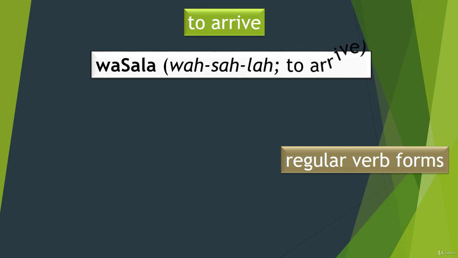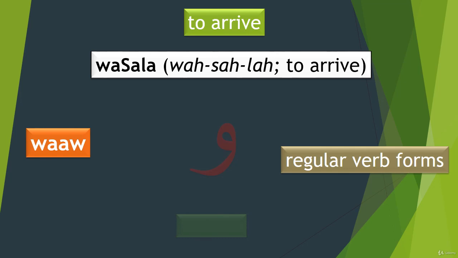It's irregular because it includes the consonant waw. Verbs with waw are classified as irregular because their mudari forms are radically different than the regular mudari verb forms. As a result, whereas the madi form of wasala follows a regular pattern, the mudari does not.